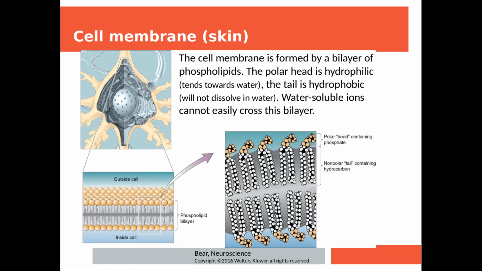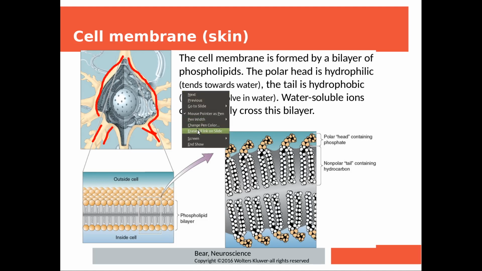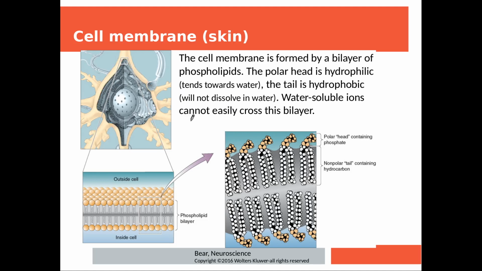And I mentioned that the cell basically has a skin, a membrane that holds everything inside, and it tries to keep everything outside, right? The same way that humans have skin, cells have skin. And the skin in cells is made from a bilayer of phospholipids, right?